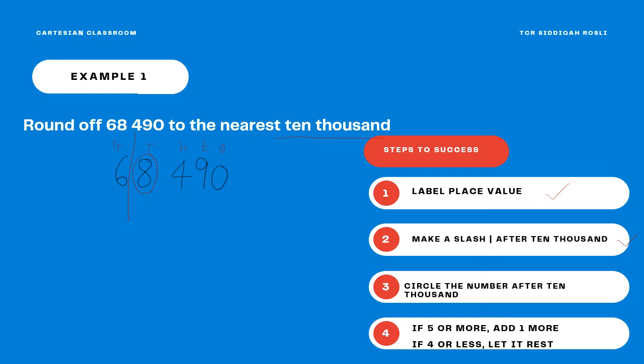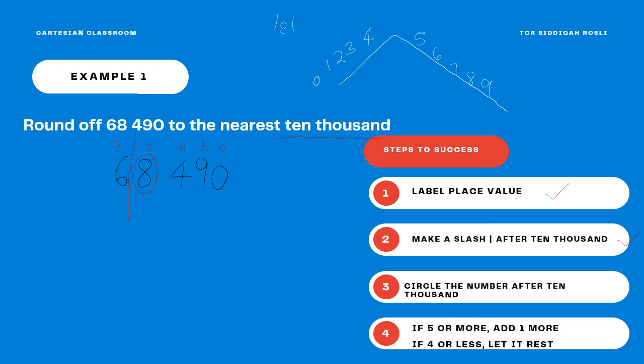And it says here step 4, if 5 or more, add 1 more. If 4 or less, let it rest. It helps if you can have your number triangle with you always, so you can always refer to it for every question that you try.